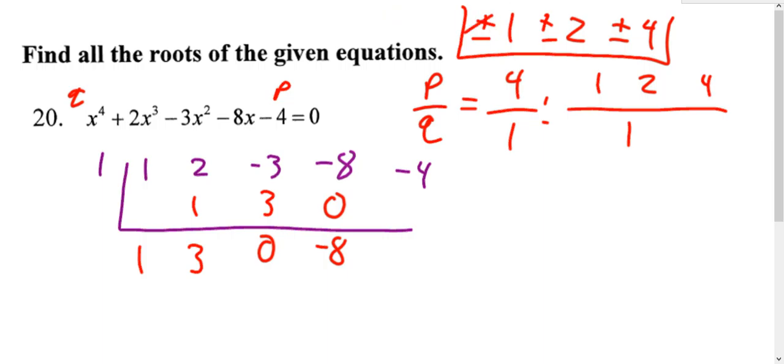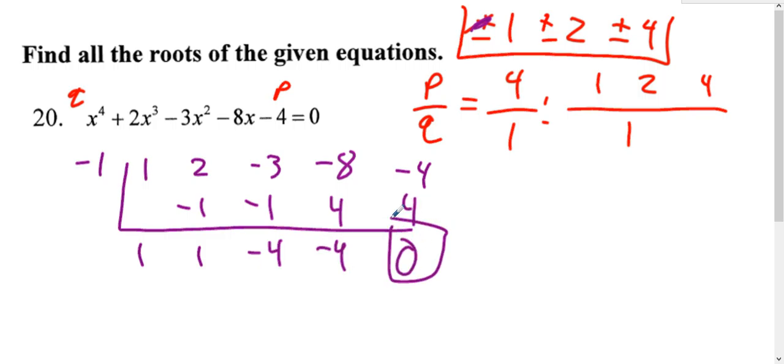So positive 1 didn't work. Let's try negative 1. And negative 1 worked. So we got a remainder of 0, so it works.